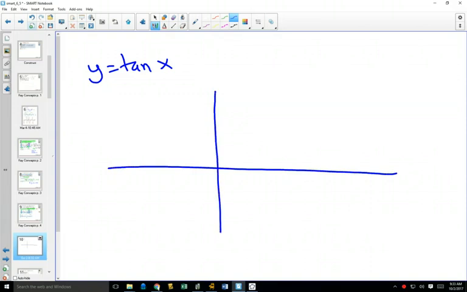We'll draw our axes. Can you tell me some things about the tan graph that you know? Well, let's just look at from 0 to 2 pi and split it into 4 equal sections to start off with. And just tell me what happens for tan at 0.